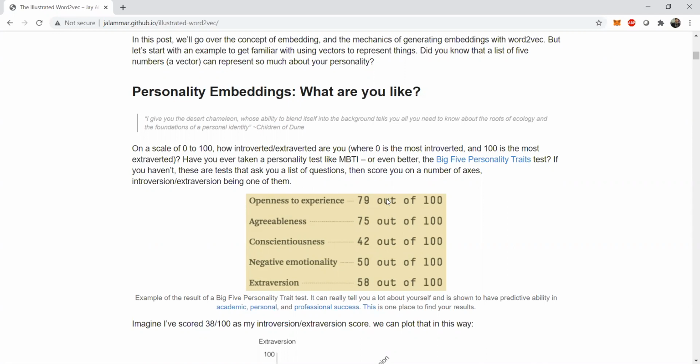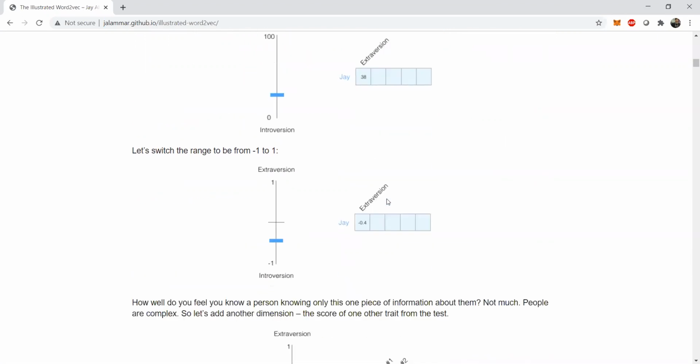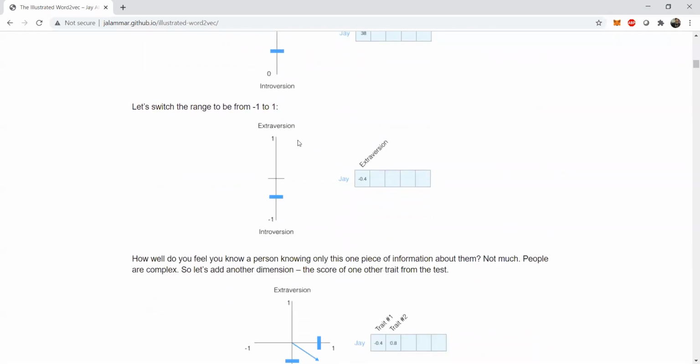Let's say we take into consideration only introversion and extraversion, and suppose we have an introversion score of 38 out of 100. When we plot this on a scale, 38 will be placed somewhere between 0 and 100. Now, if we normalize that score from -1 to 1, it gets translated to a value of -0.4.